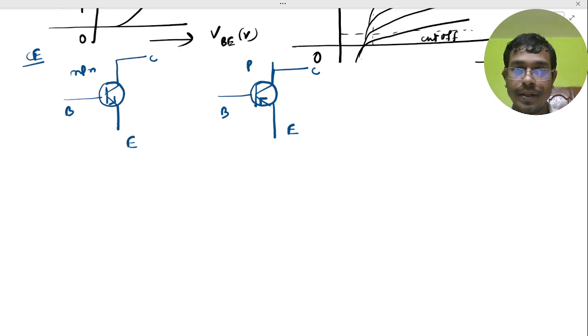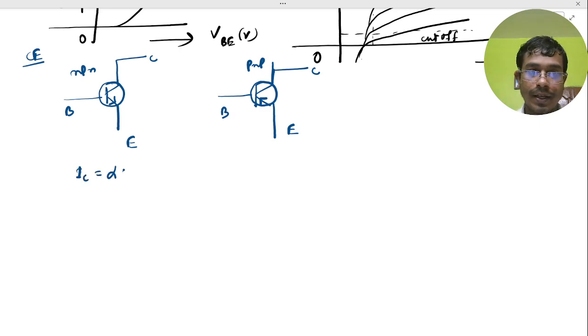This is for PNP. Here one equation is important: IC is alpha IE plus ICBO.